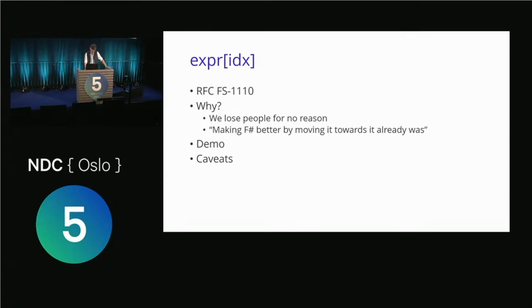So this is in that theme, making F# better by moving it towards what it already was. If you compare that to what C# is having to do, C# is always trying to become something that it wasn't originally. It starts off being this highly object-oriented language, and it adds these great features, but it's always struggling against its initial starting point. But for me, this is just about making F# better by moving it to what it was already intended to be.